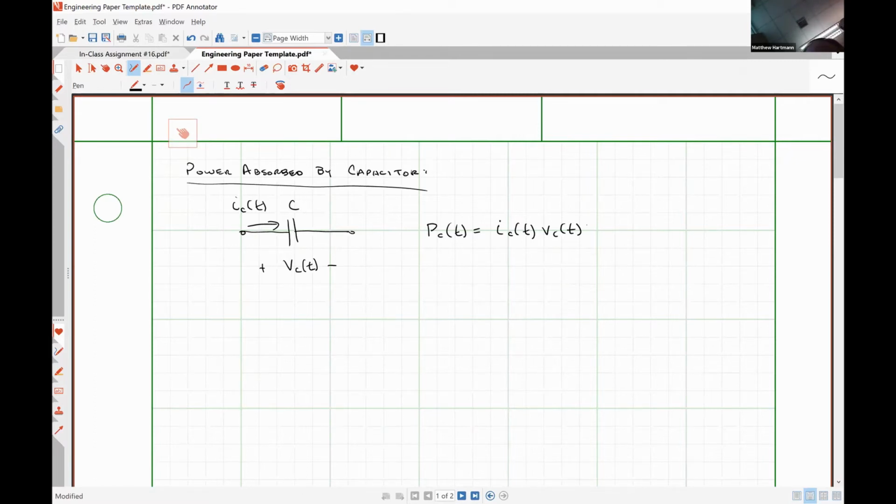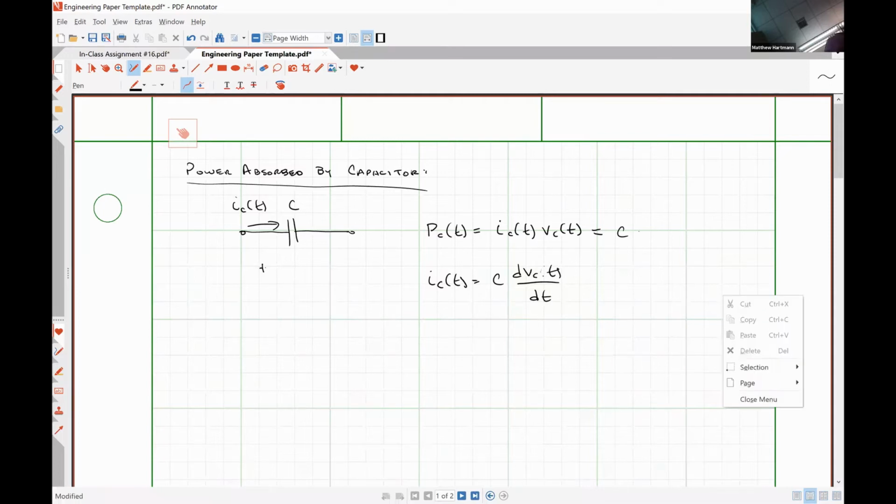Now, in a capacitor, we also know that IC of T is equal to C dV by dt. If we substitute this relationship into our P is equal to I times V relationship, what we're left with is C times VC of T times the derivative of VC of T with respect to time.